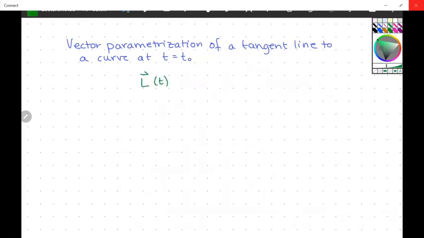All right. It's a vector parametrization, so we're going to make a vector out of this tangent line.